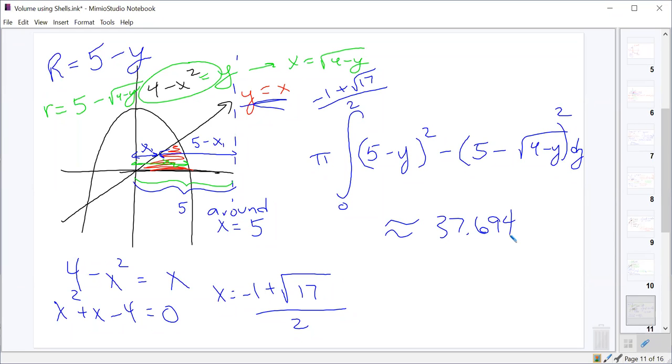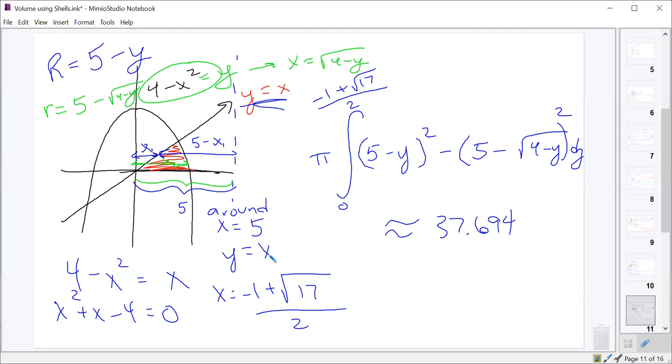This is the x value of my intersection point, and I need the y value of my intersection point. True? So that answer is wrong. Oh, it's the same value. Perfect. Lucky. I didn't screw that up. This y equals x. It's the same value.